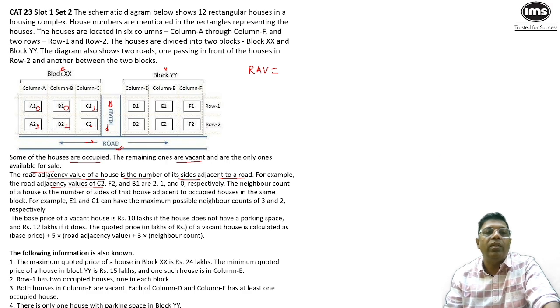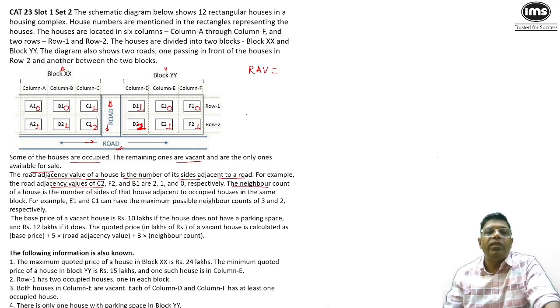B2 is 1. C2 is 2 because both the roads are connected with C2. So this is how you can look at the road adjacency value. For D1 again 1, D2 is 1, E1 is 0, E2 is 1, F1 is 0 and F2 is, so for D2 it is 2 not 1. I'm so sorry. So that is how road adjacency value I have written.